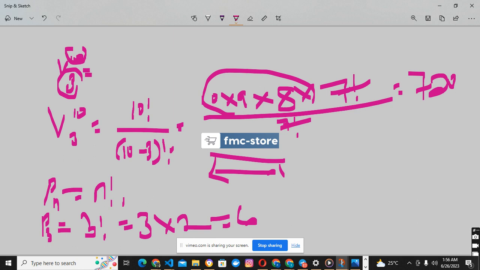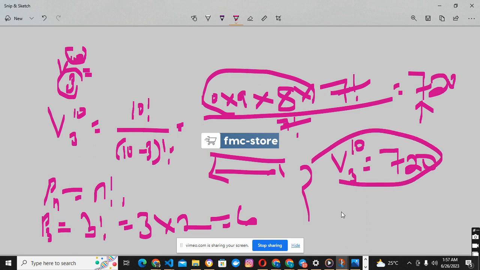So if we had the variation to be V of 10, 3, which is 720, if you can remember from this calculation here, then since we have this as a variation, the combination will now be 720 divided by 6, because of these permutations from what I've defined ab initio.